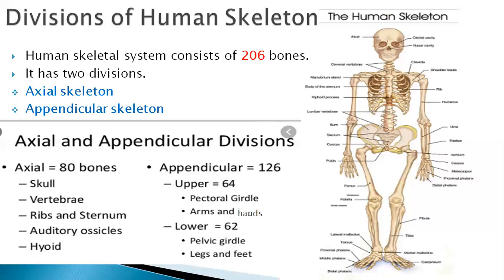The axis of the body that is present in the center is called axial skeleton. It has 80 bones, and it includes skull, vertebrae, ribs, sternum, auditory ossicles, and hyoid bone.